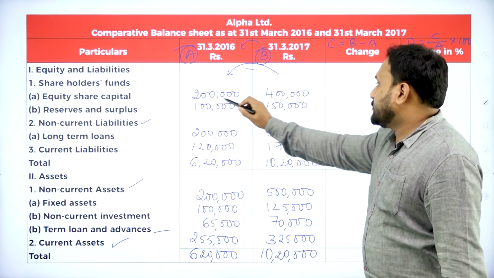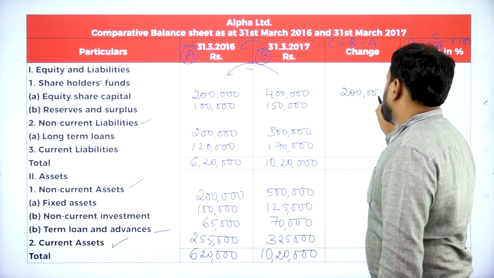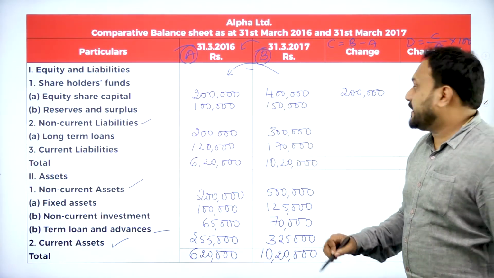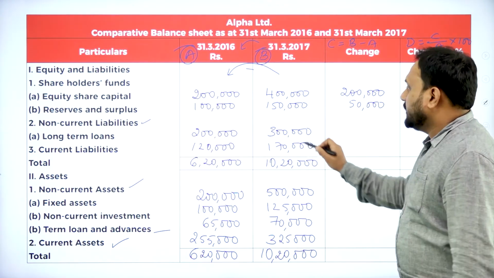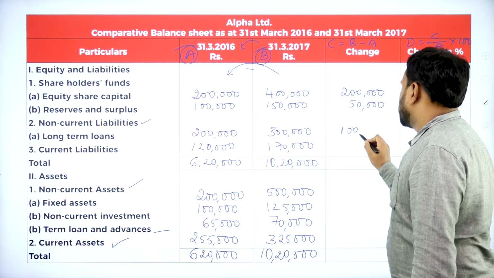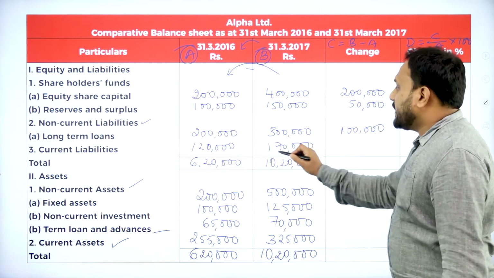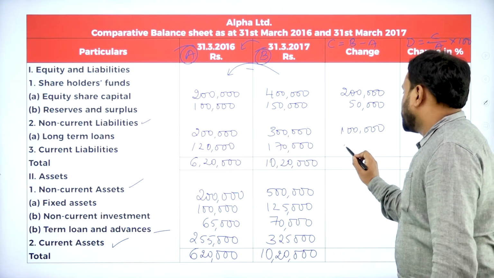4 lakh minus 2 lakh is how much here? 2 lakh. 1 lakh 50 minus 1 lakh is how much? 50,000. 3 lakh minus 2 lakh is how much? 1 lakh. 1 lakh 70 minus 1 lakh 20 is how much? 50,000.